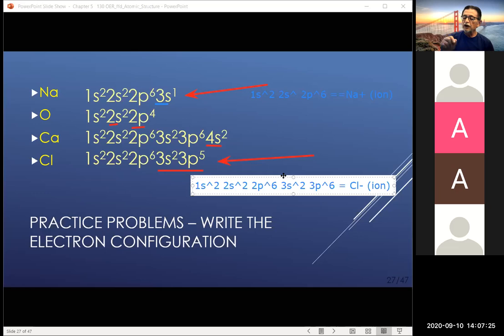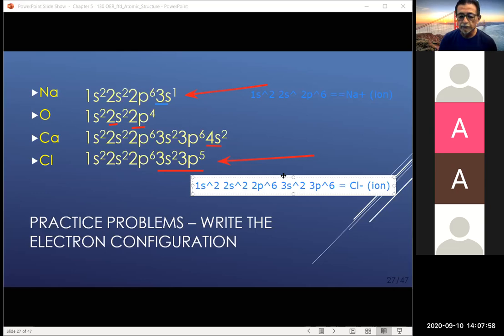And if you look at the nonmetals, based on the periodic table I had before, guess what? They're very close to the noble gases. So it's easier for them to gain electrons, to be like the noble gas in front of it with respect to the electrons. The metals, specifically groups 1 and 2, lose electrons because by losing electrons, they're more isoelectronic, or electron-like, with the noble gas behind it.